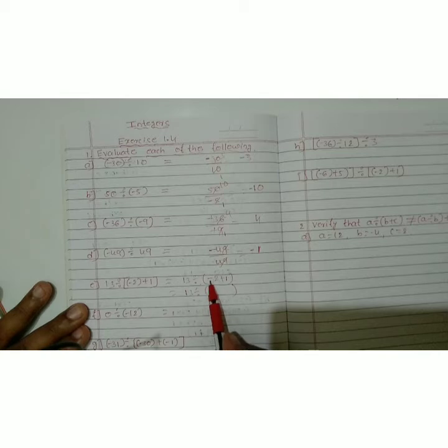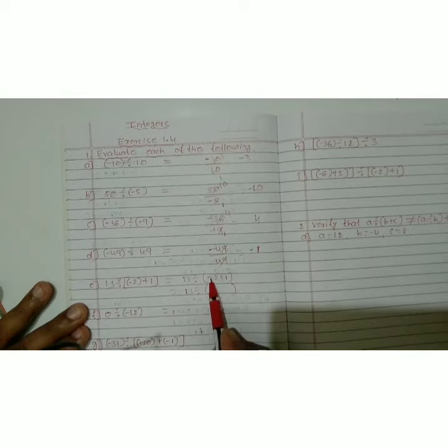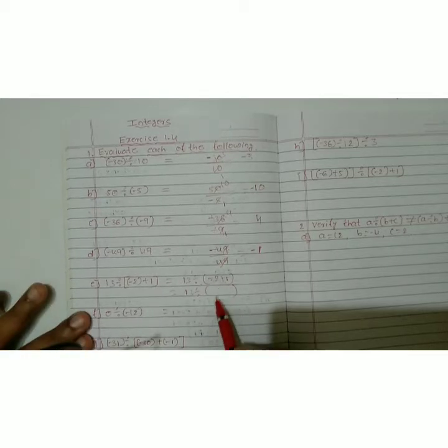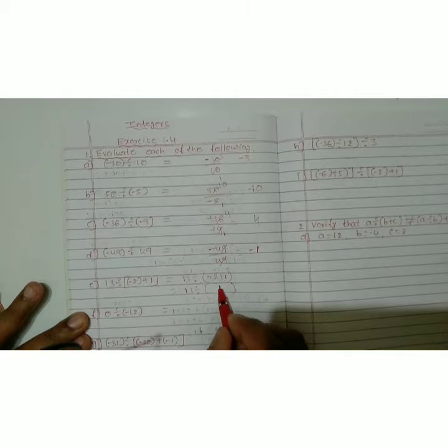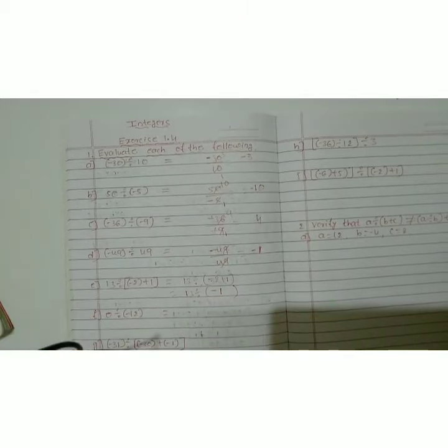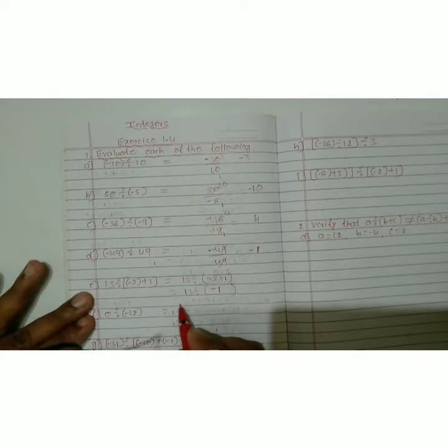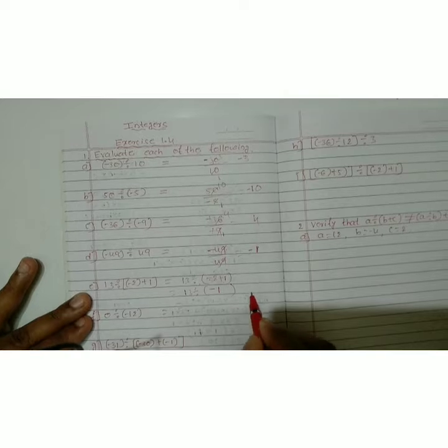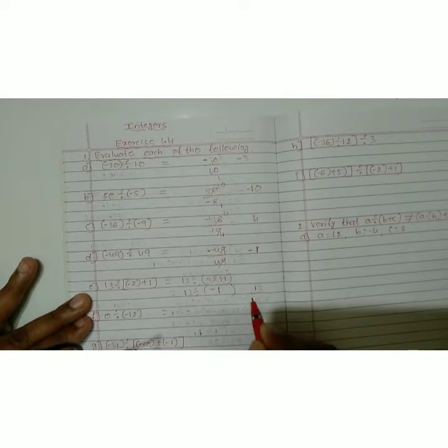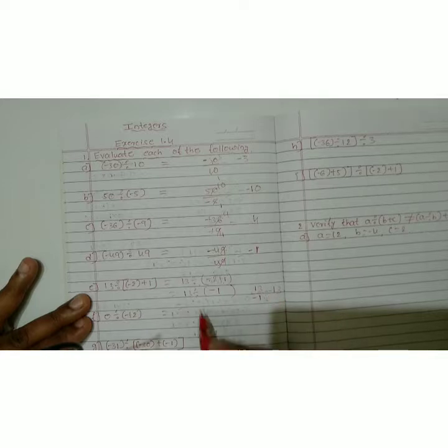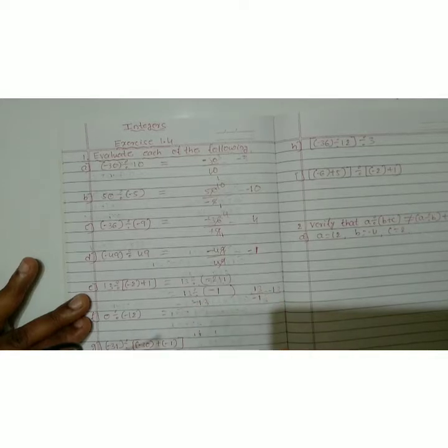One is a minus integer, the other is a plus integer, so we have to do subtraction. The answer is 1, and the bigger number's sign is minus. So now 13 divided by minus 1 is nothing but minus 13, correct?